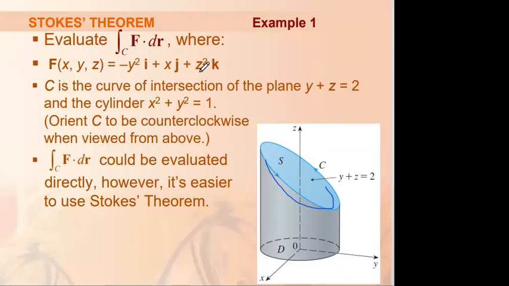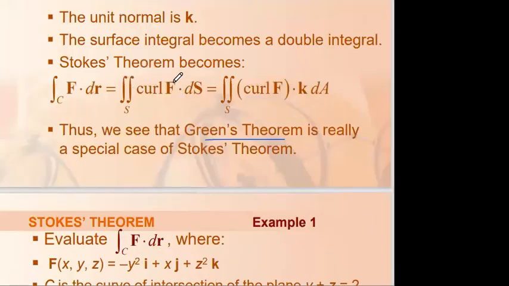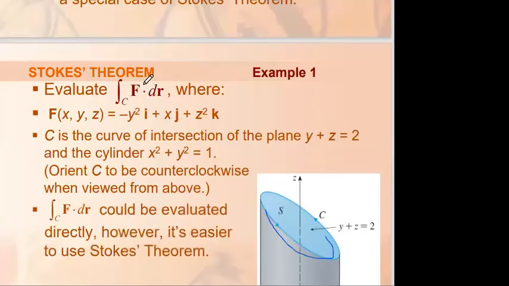So what is the work done by this vector field on this particle? Let's compute that. You can compute this line integral directly if you like, but this time I'm using Stokes theorem to evaluate this integral.